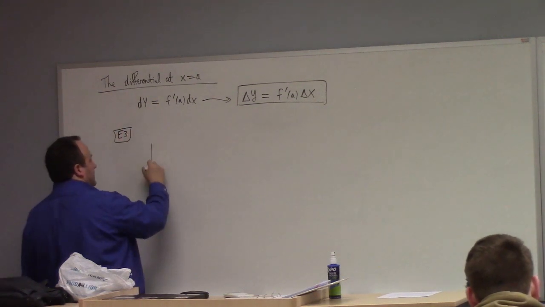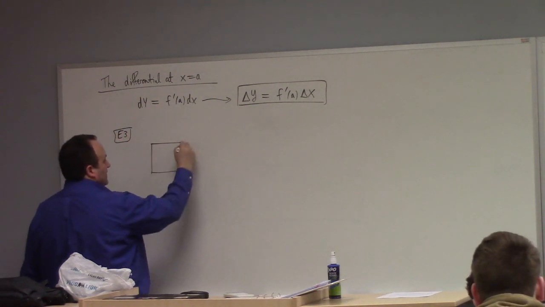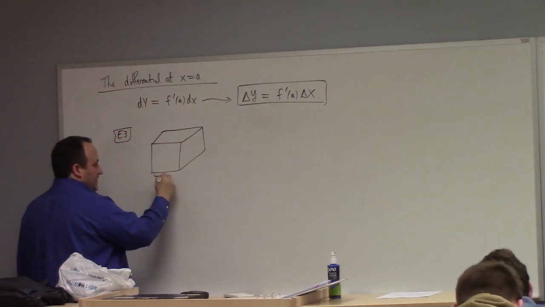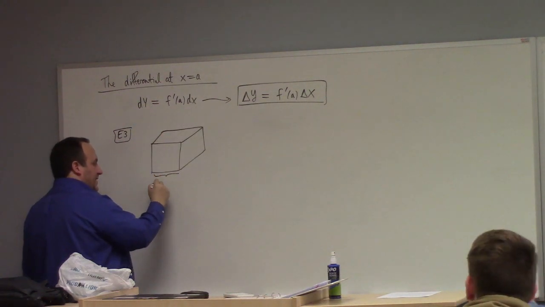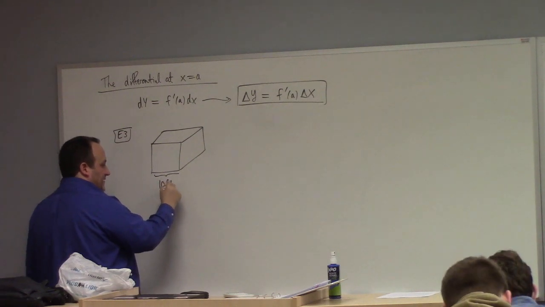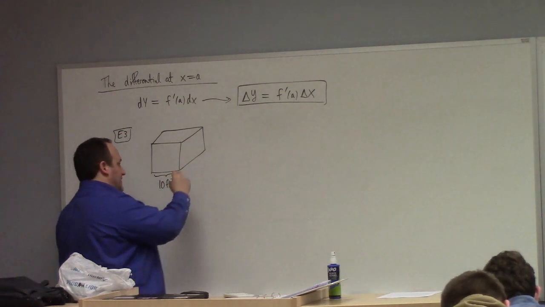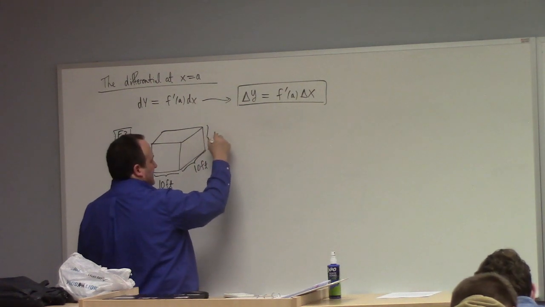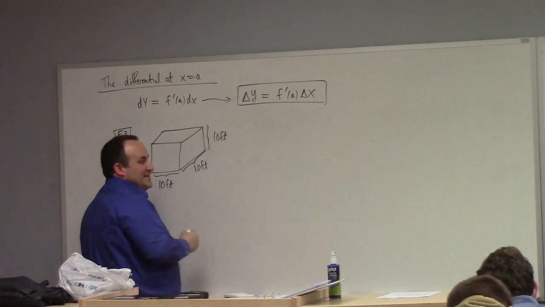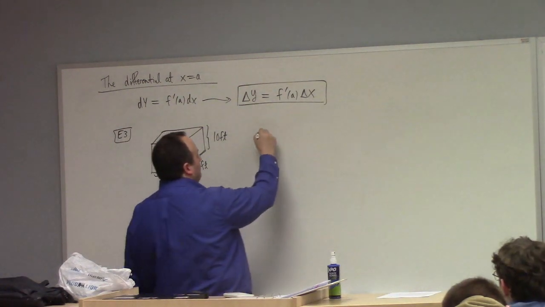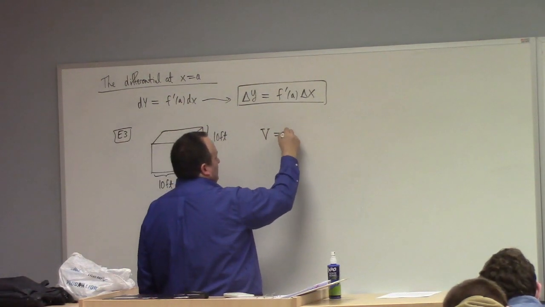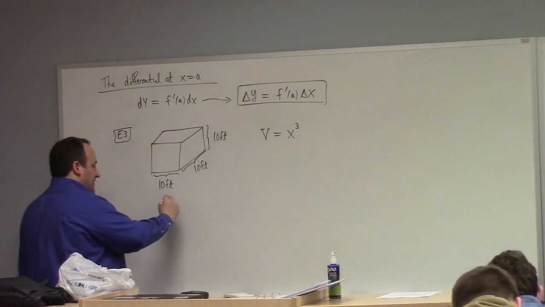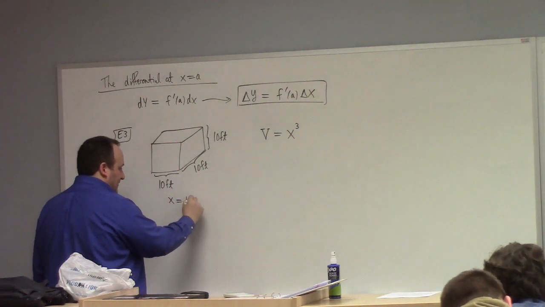Suppose you have a cube, and you know that the cube has a width of 10 feet, a depth of 10 feet, and a height of 10 feet. It's a cube. So in this case, the volume would be equal to x cubed, and it just so happens that x is equal to 10 feet.